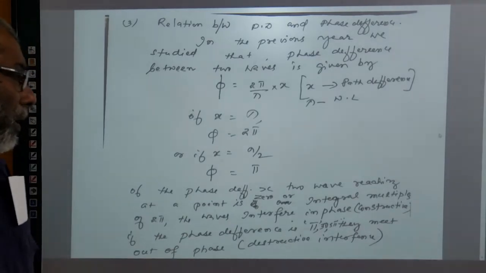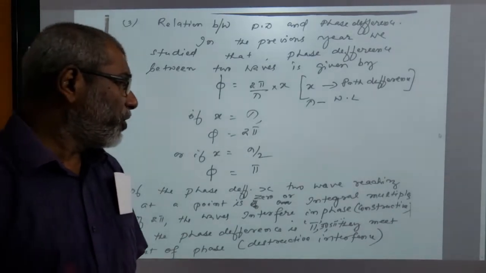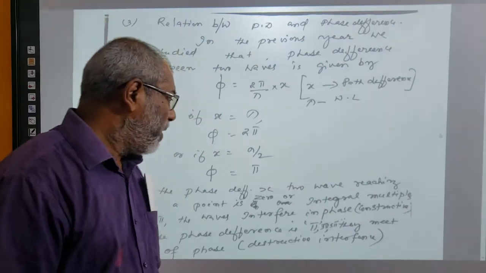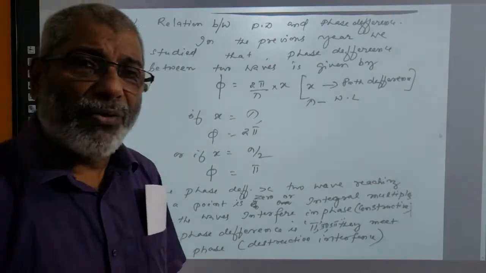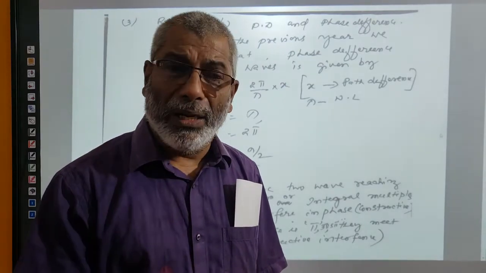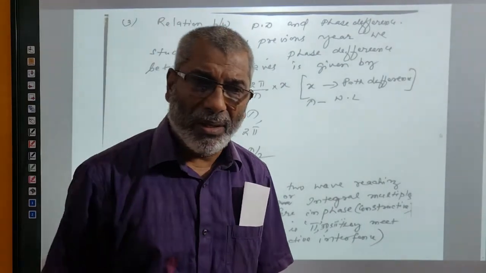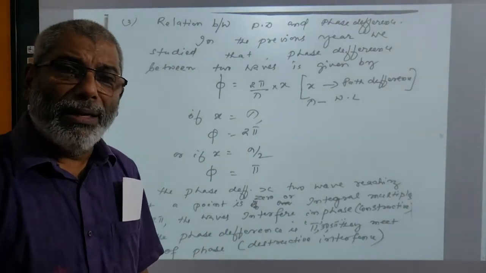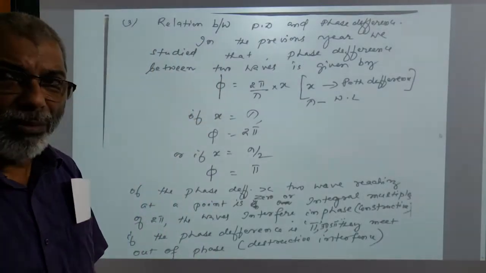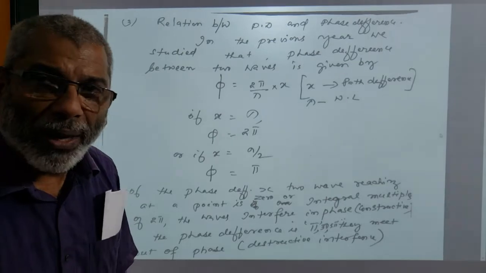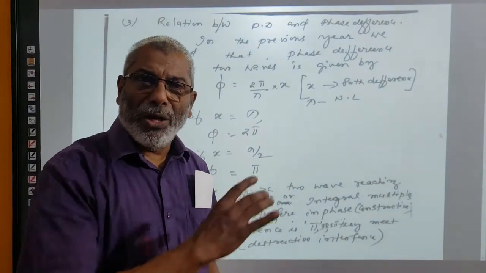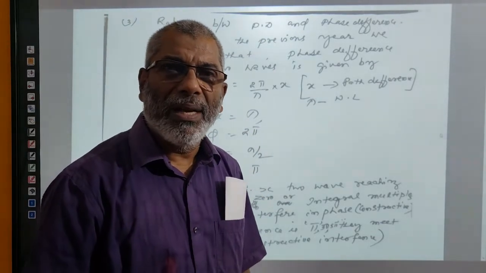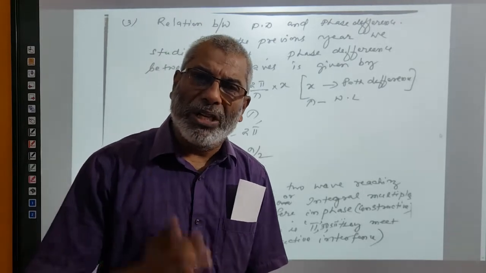If the phase difference between two waves reaching at a point on the screen from two coherent sources is equal to 0, or integral multiples of 2 pi, remember that, when two waves from two coherent sources reach a screen placed away from them, then that point will be a point of constructive interference.